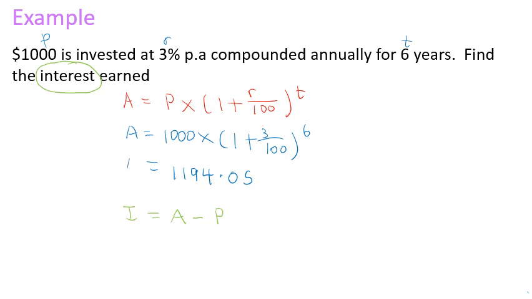This here is my amount, 1,194.05, and the principal, which is the starting amount, which I've already labelled at the top, was 1,000. So that equals 194.05. So that's the actual interest earned.